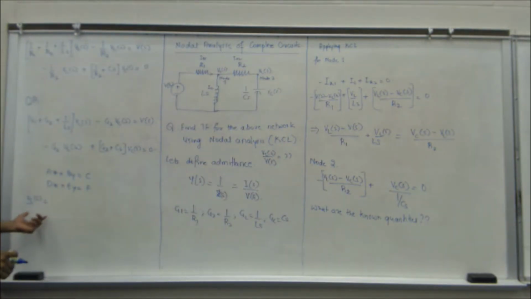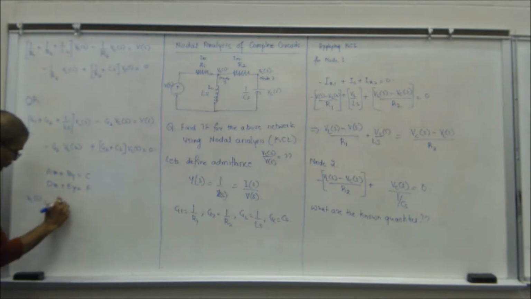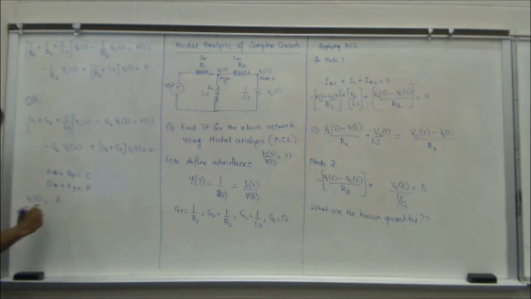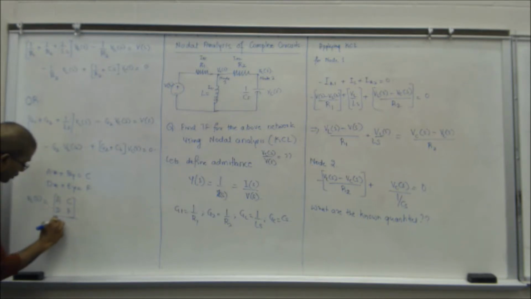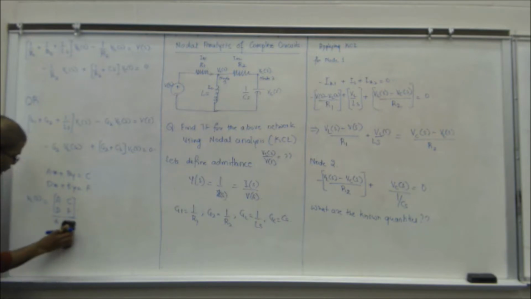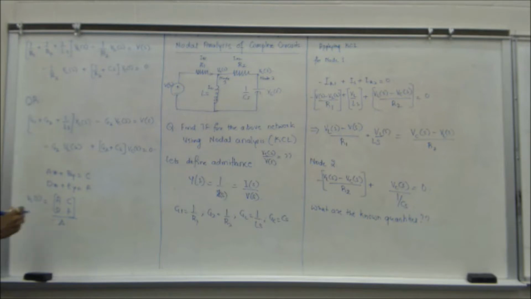We are trying to find VC. You have A, D, C, F. On the bottom is A, B, D, E, so you have delta. Okay, so you apply this.